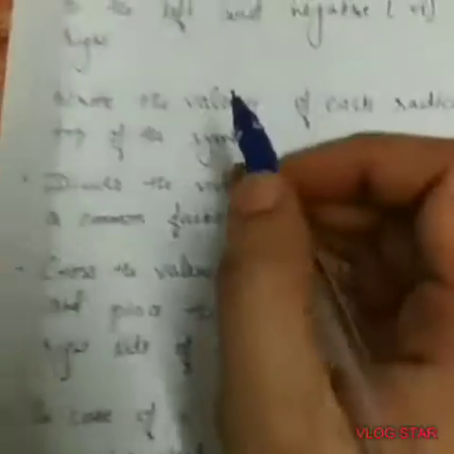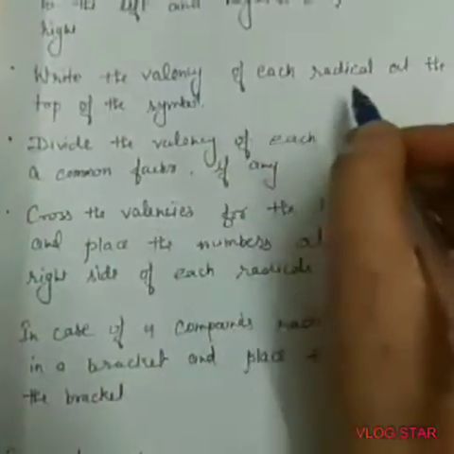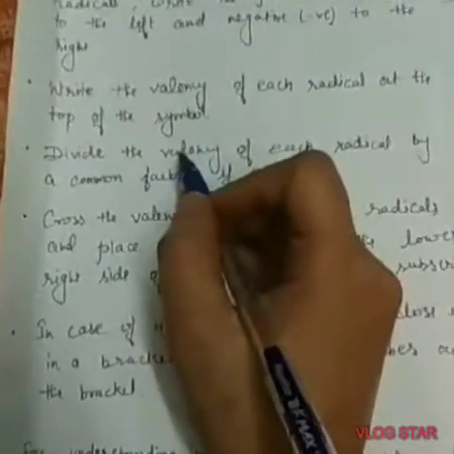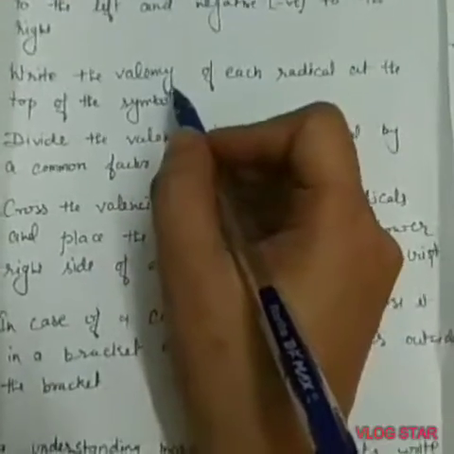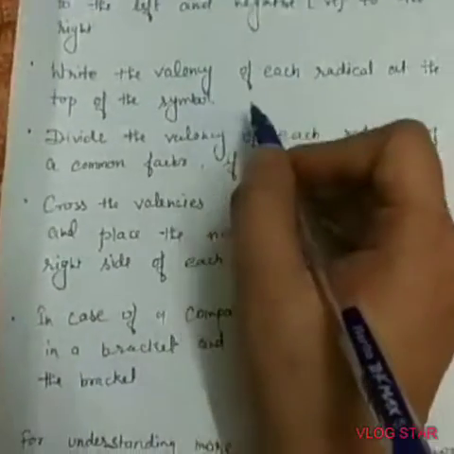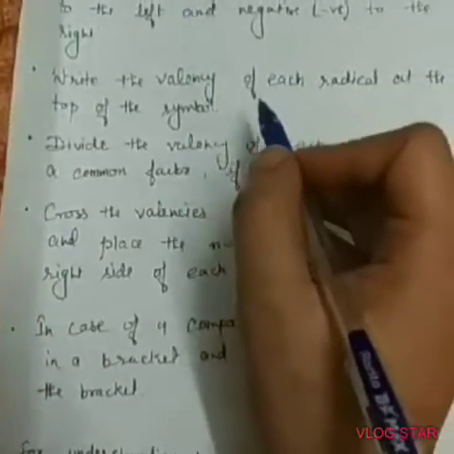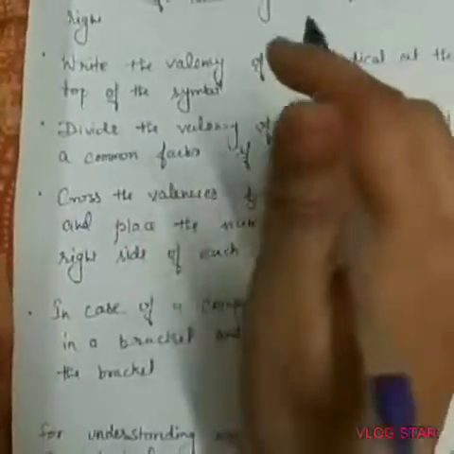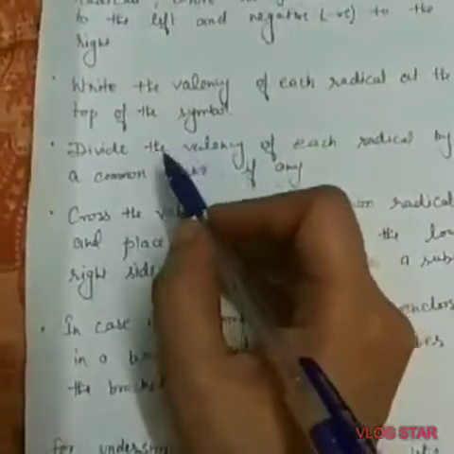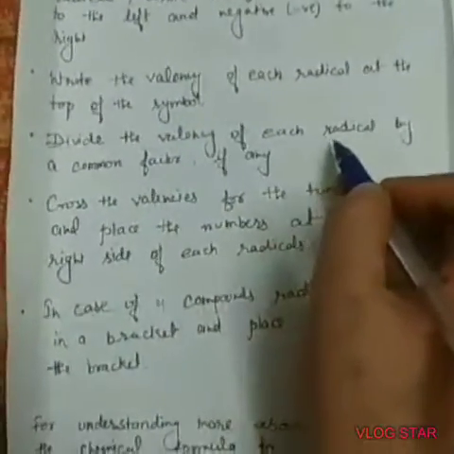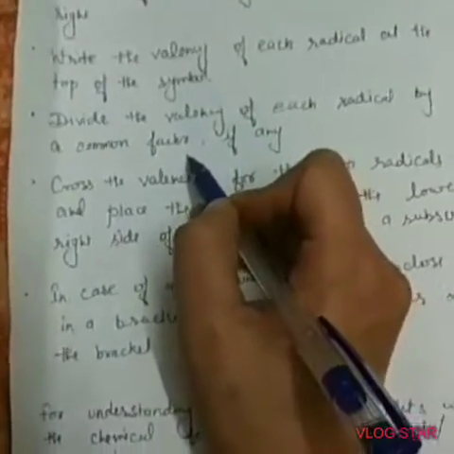Now, write the valency of each radical at the top of the symbol. After writing the symbols, we write the valencies at the top. Now, divide the valency of each radical by the common factor, if there is any.